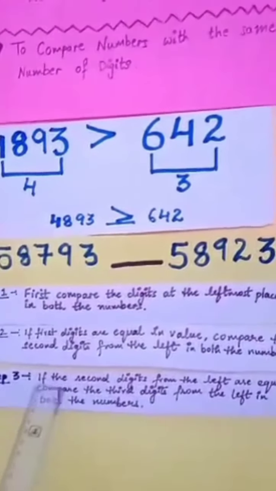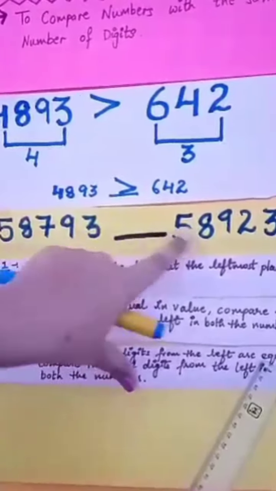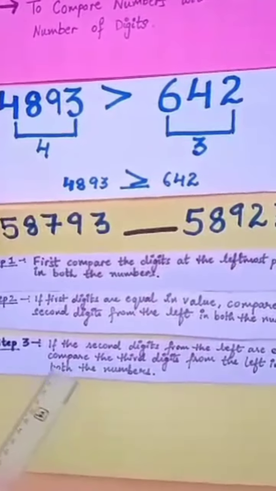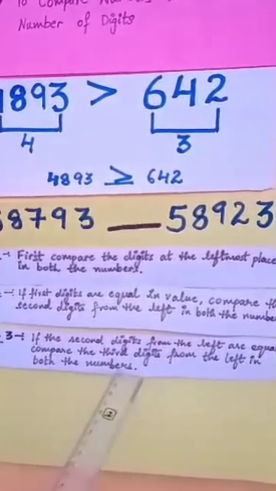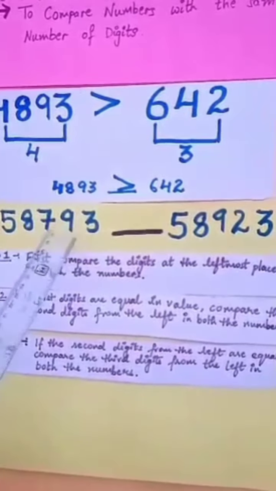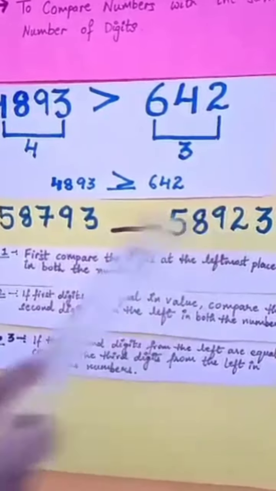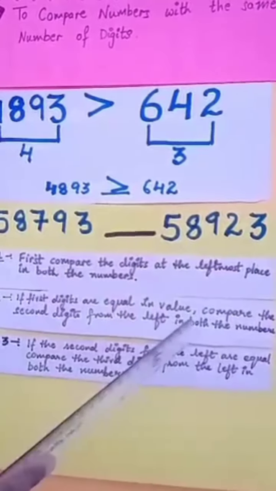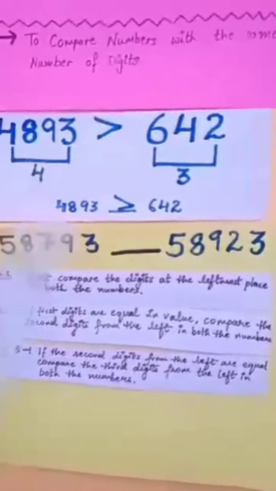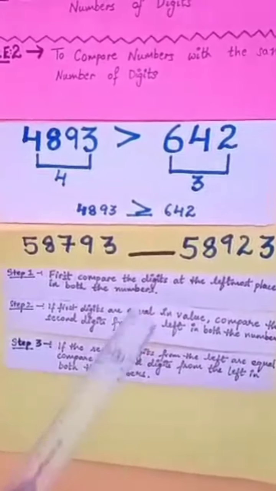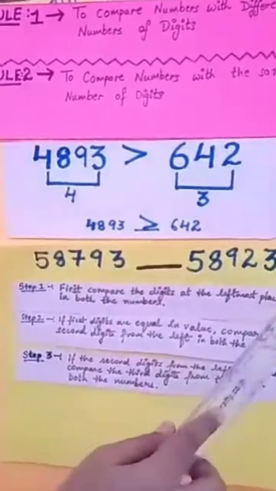Step 3 says if the second digits from the left are equal, like we have taken 8, both were equal in value, so now we'll compare the third digits from the left in both the numbers, that is in the hundreds place, 7 and 9. Now as you can see, these two are unequal, means these are not of the same value. So we stop here, and as we all know, 9 is greater than 7. 9 is greater than 7.